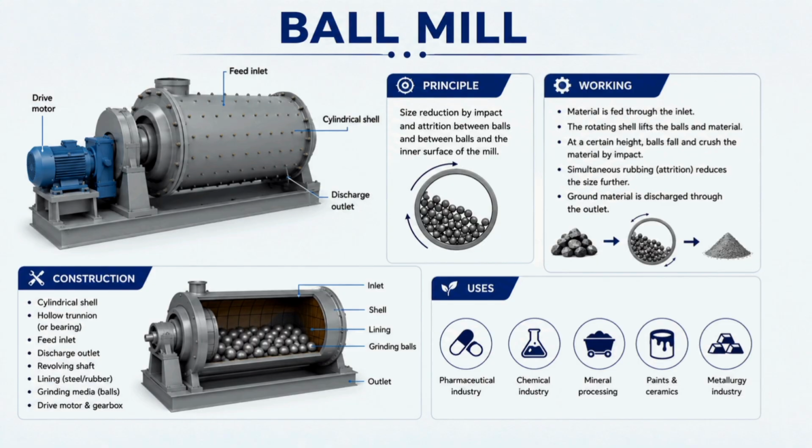Thus the ball mill is widely used in pharmacy. Uses: it is mainly used for fine grinding, for toxic materials, and for preparation of ointments and suspensions. Advantages are that it produces a very fine powder, is suitable for wet and dry grinding, and is a closed system, which reduces contamination.